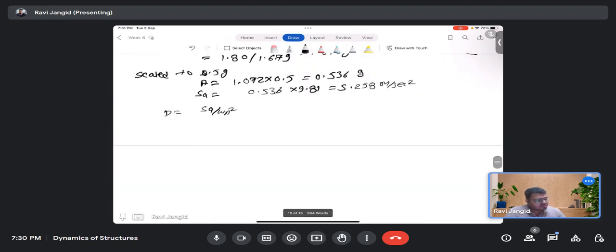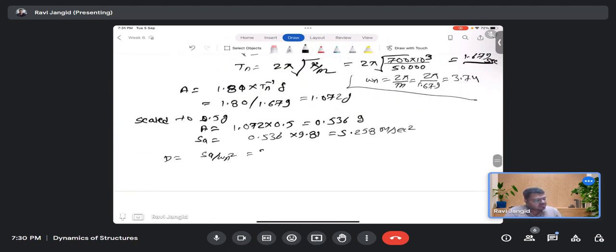Okay, so if I put it here, 5.258 divided by 3.74 square, I am getting d as 0.3755 meter, or I can write it as 375.53 mm.